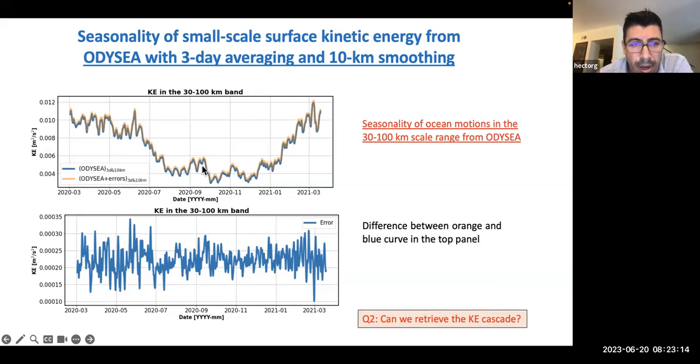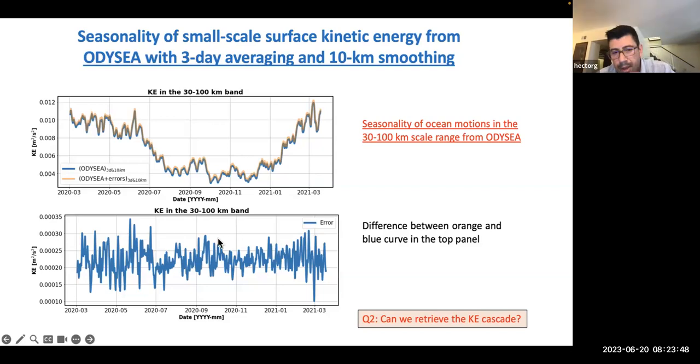But as you can see, even considering this temporal sampling and spatial smoothing, we were able to retrieve the seasonality of these types of motions, maximum during the winter and the spring, and minimum in the summer and late fall. And the differences between the orange line and the blue line are in the bottom panel. As you can see, they are almost the same.